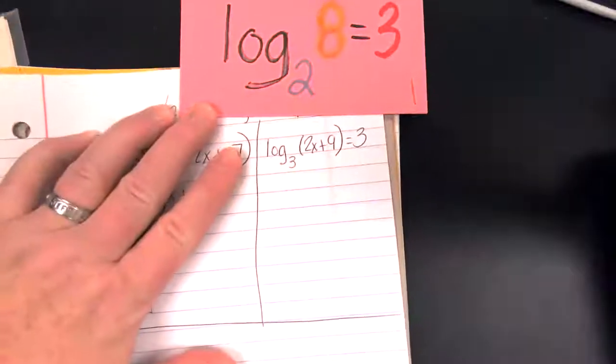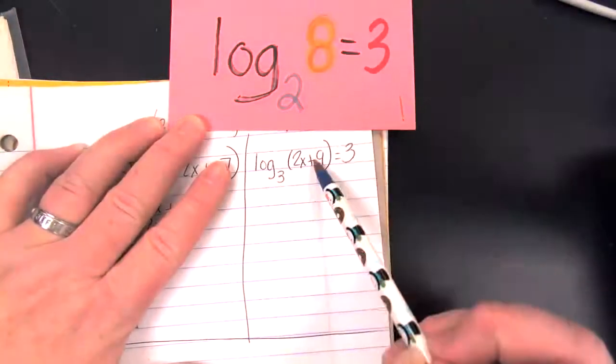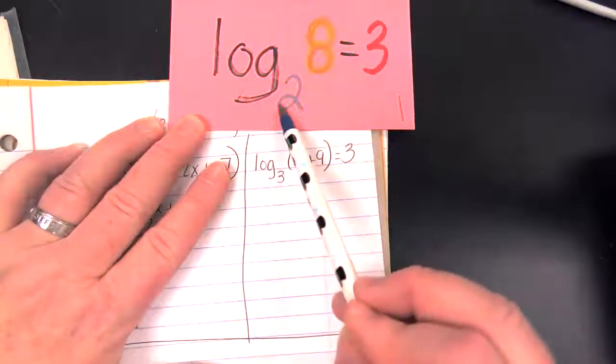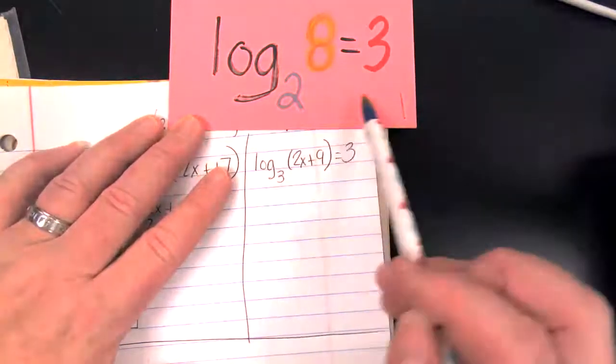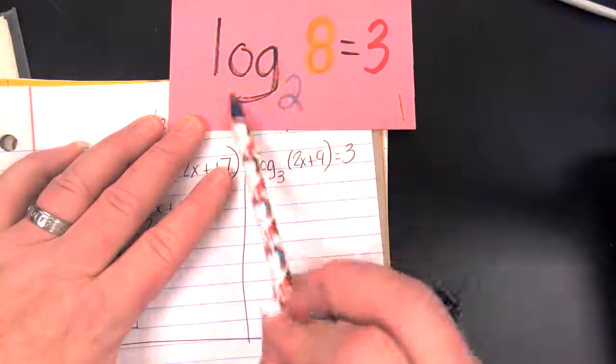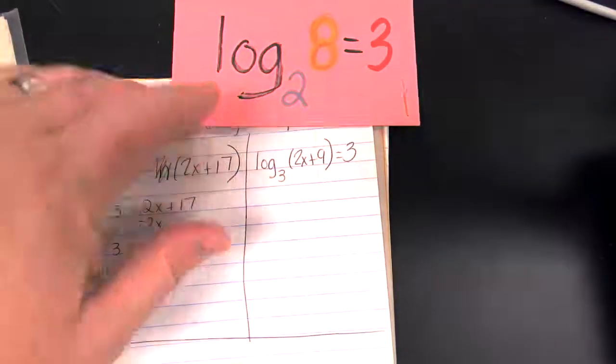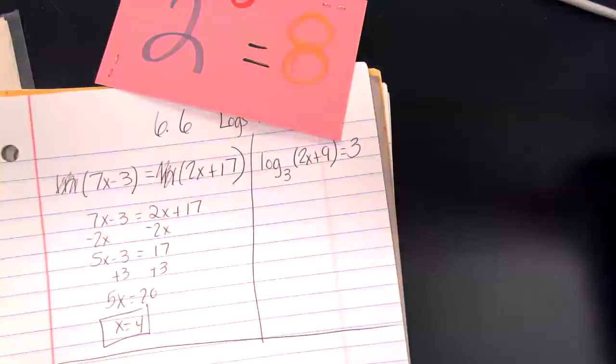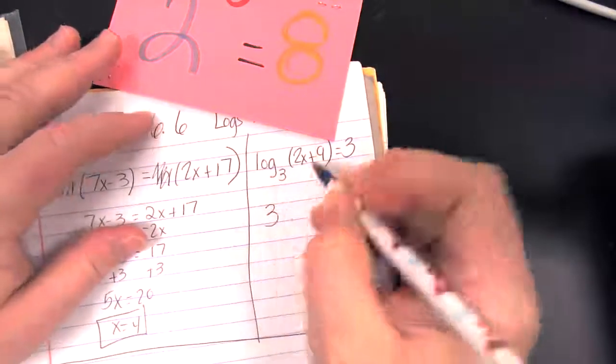Do I have a log? Do I have this isolated? It doesn't matter on this side, but do you have this stuff isolated? And if you do, you can go ahead and go from a log to an exponent. What's our base? My base is 3.